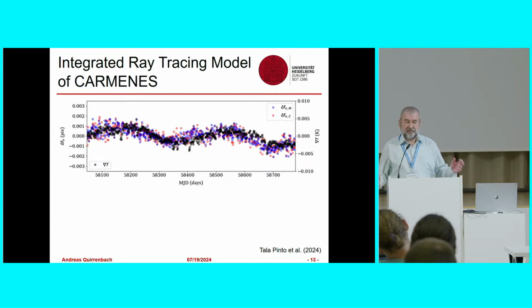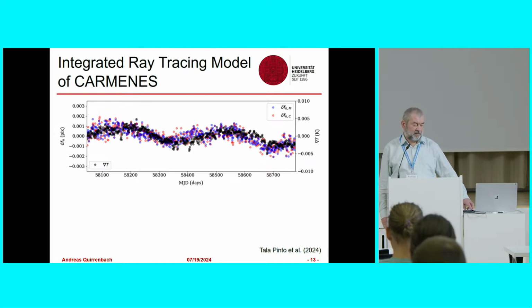Good news is, if you're interested in stability, a lot of that can actually be modeled. So here is a series of data points spanning a few years. This is a small shift in the radial velocity that was modeled with a ray tracing model that had all these spectrograph elements in it and took as input the output of some temperature sensors.